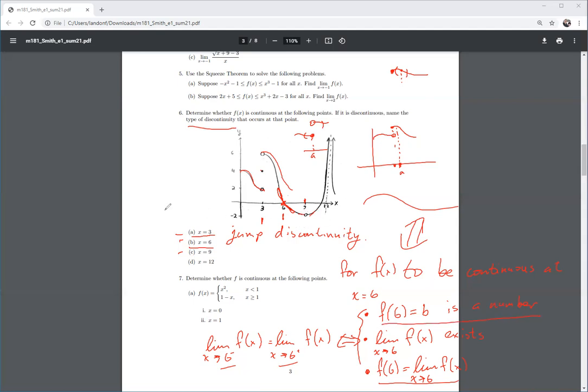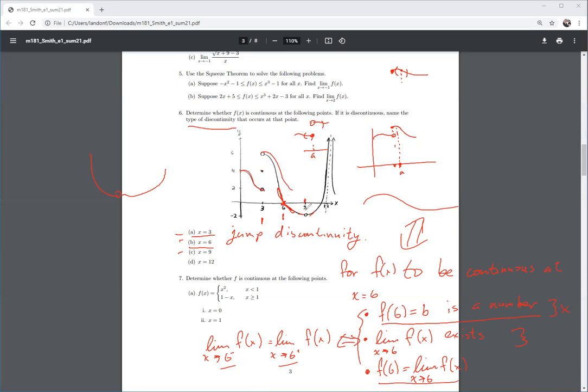If we were to draw this with a pencil, we'd end up having to lift up our pencil and begin again because we cannot fill in that hole. These first two are true, but this last one is not true.